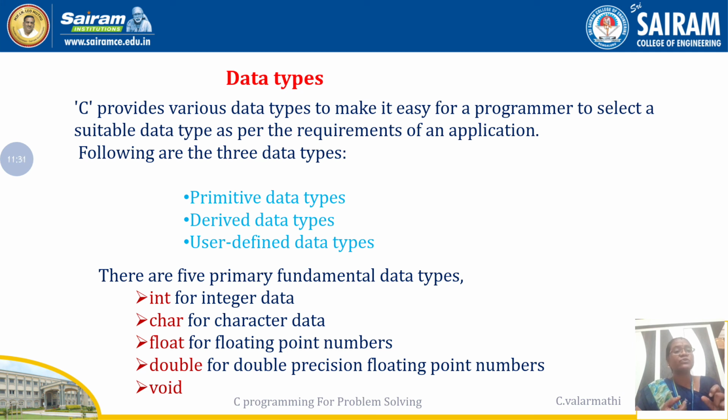If you want to represent a floating point value in a more accurate way, you can use double. And void is one of the data types that has no value. So these are the different types of data types available in C programming. Hope you understand this logic. I will catch you in the next video about the next topic.